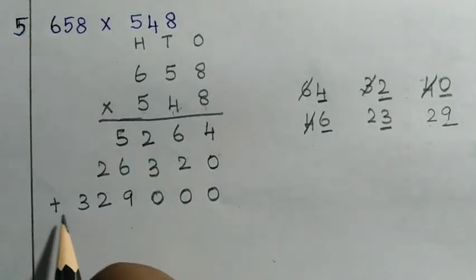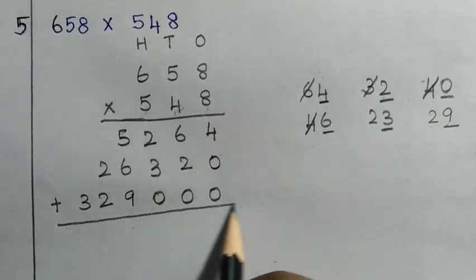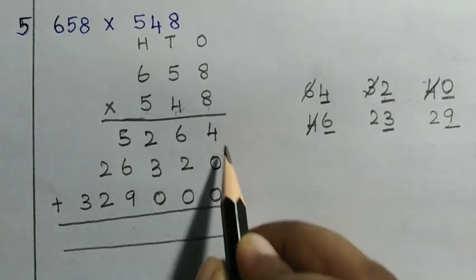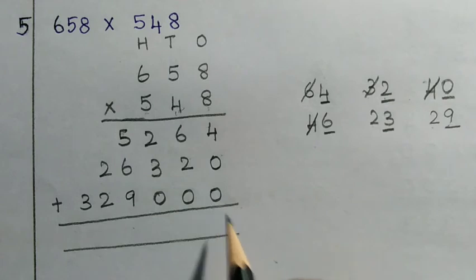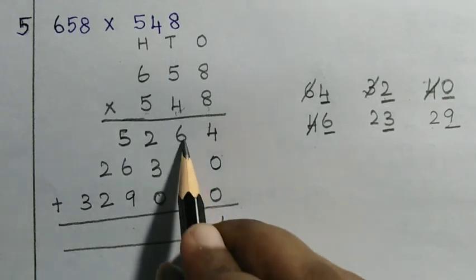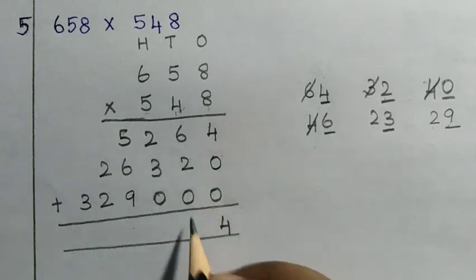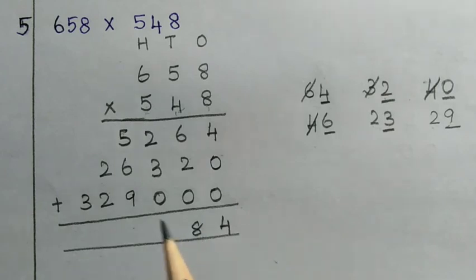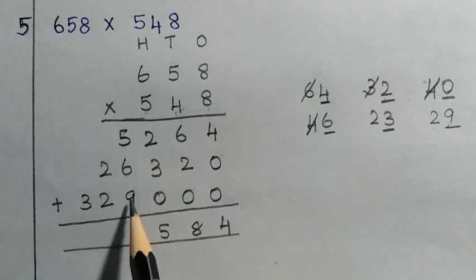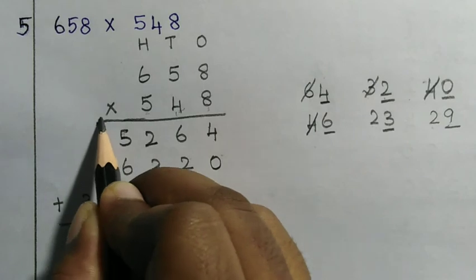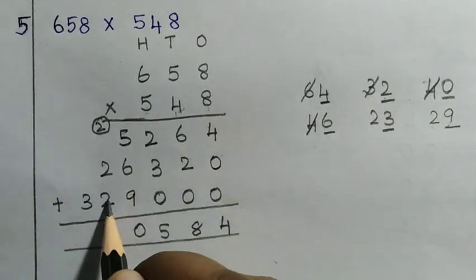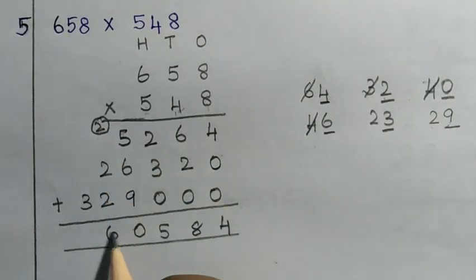Now let us add them. 4 plus 0 plus 0, 4. 6 plus 2, 8 plus 0, 8. 2 plus 3, 5 plus 0, 5. 5 plus 6, 11. 11 plus 9, 20. 2 goes to the carryover. 2 plus 2, 4 plus 2, 6.